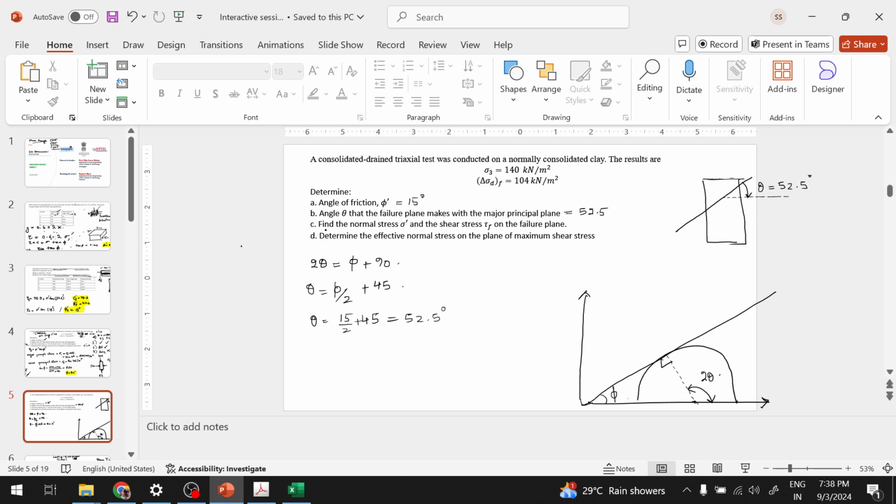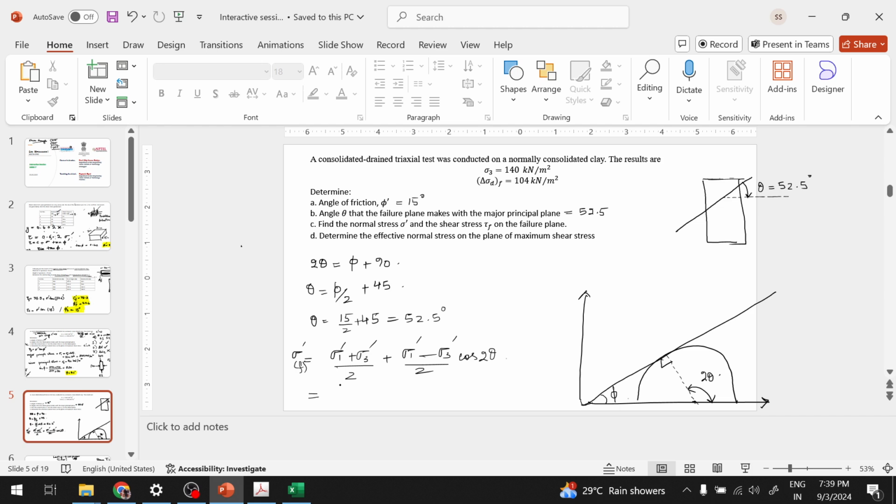Next question is to find the normal stress and the shear stress on the failure plane. Now that is quite easy for you to do because we already know from the formula that sigma dash equals sigma 1 dash plus sigma 3 dash over 2 plus sigma 1 dash minus sigma 3 dash over 2 cos 2 theta. Okay, so this is on the failure plane.